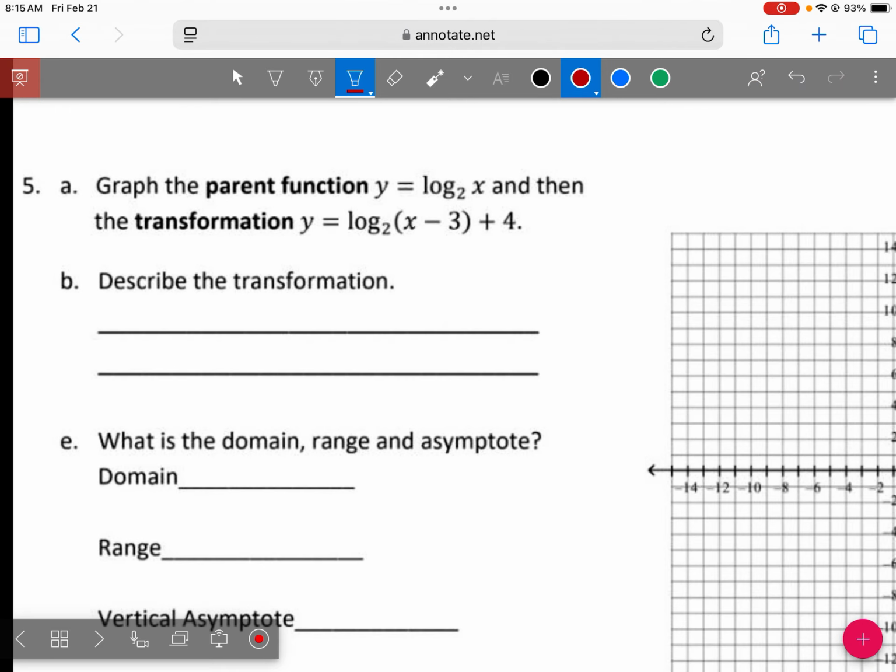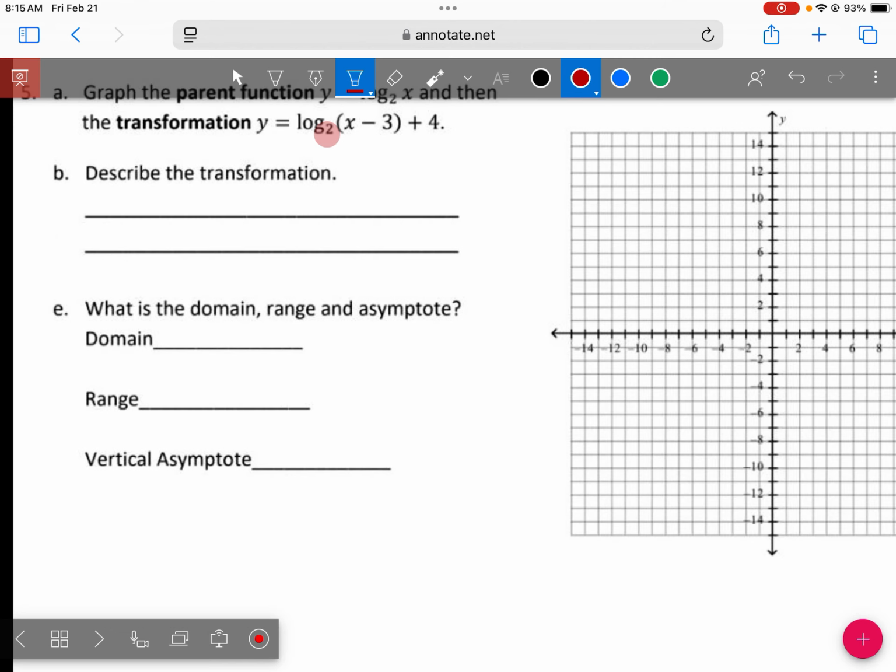So we're going to start off by looking for that little bitty number next to log, which in this example is a 2. So go to the bottom, and I want you to start by making your exponential table, which would be, why did I put a 2? A 3.